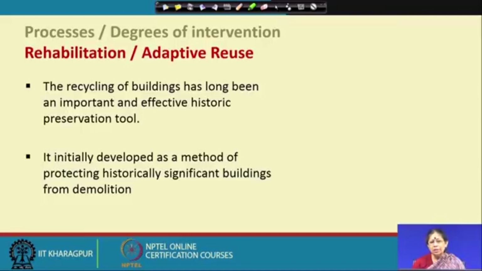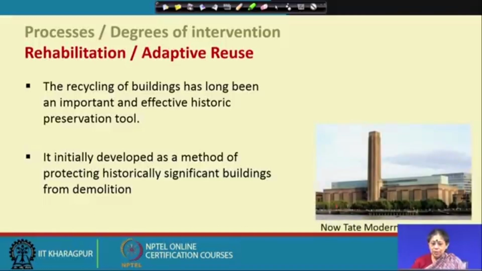There are many examples where entirely different types of activities are hosted in this type of structure. A very well known example is the Tate Modern. It is along the river Thames, opposite St. Paul's Cathedral, and the Tate Modern Gallery is hosted there.